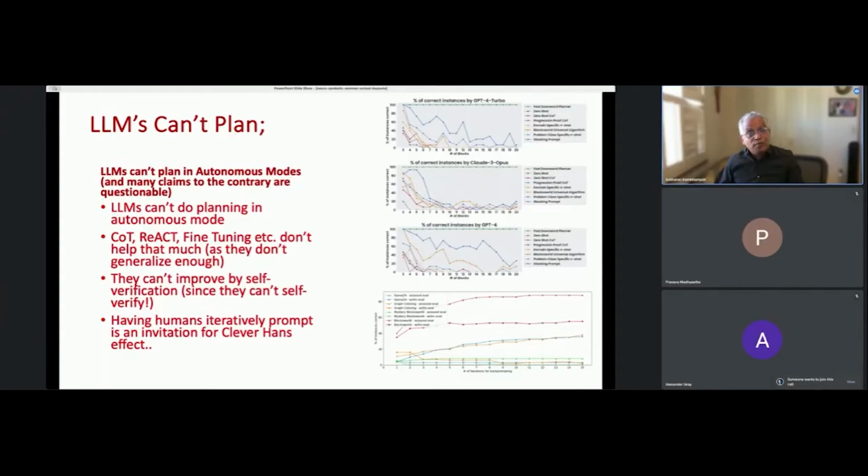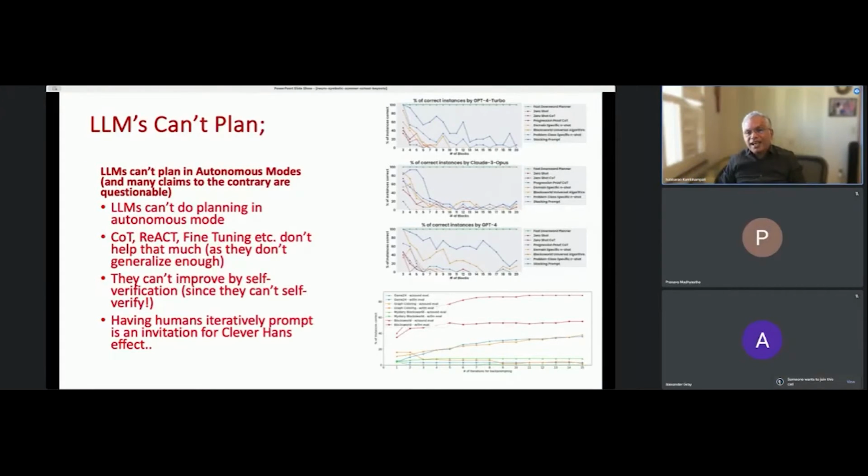They also can't improve by self-verification. This is another misconception people have: that since generation is harder than verification, maybe they can do verification even though they can't do generation. No, they cannot do verification with any kind of guarantees. The last picture on the right-hand side, the bottom one, shows that when LLMs try to critique their own answers, their performance goes down, not up.